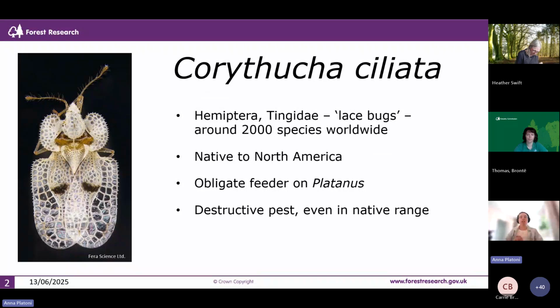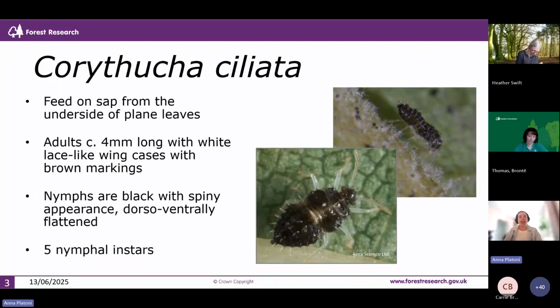So the plane lacebug has sucking mouthparts, and it feeds on the undersides of the leaves. You just previously saw a picture of the adult. They're very small, measuring around 4 millimeters in length. The nymphs are black and spiny. You can see the photo here. And they pass through 5 instars, so that's 5 molts, 5 growth stages before they reach maturity.